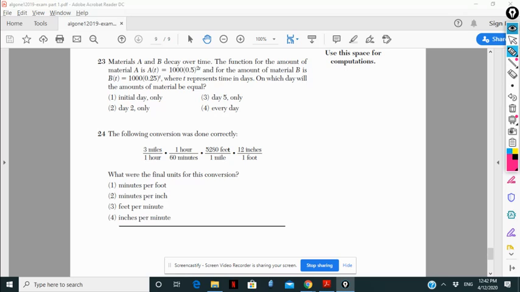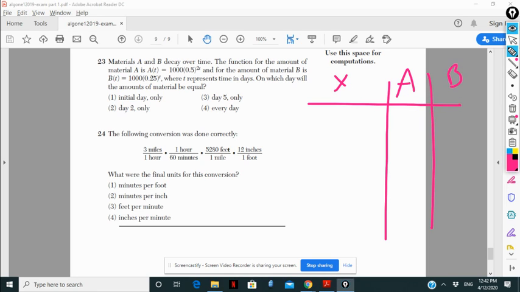So here x, here is A, here is B. If you plug in 0, that the time is 0, it's giving me 1000. Why? Because half to the power 0 is 1. 1 times 1000 is 1000.